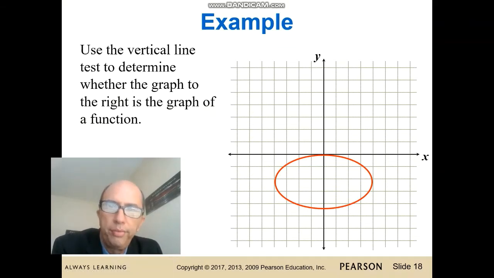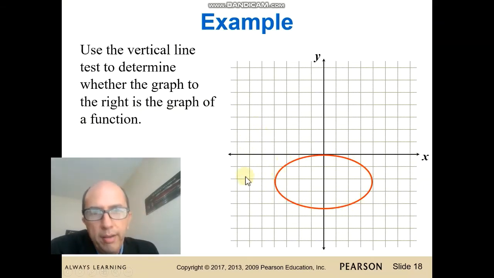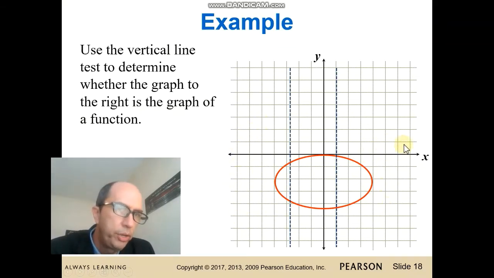What about this graph here? This is an oval. This red graph. Is this a function or not? Well, we have vertical lines here that intersect this graph in no point at all. But we can draw vertical lines that intersect the graph in 2 points.